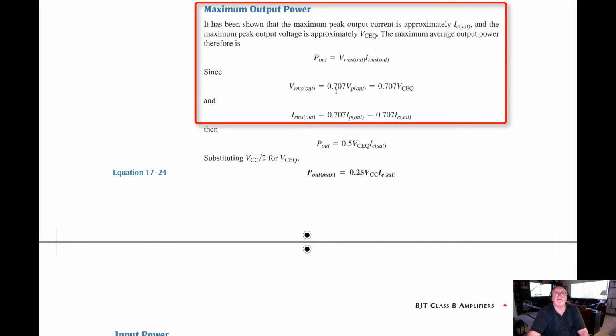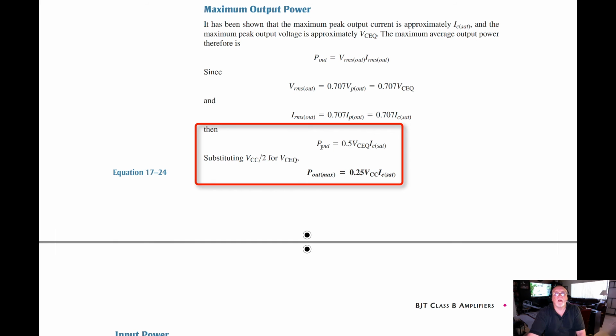Since VRMS out is equal to 0.707 times the peak, we get 0.707 times VCEQ. Likewise, IRMS out is equal to 0.707 times the peak current out, or 0.707 IC sat. Then the power out is equal to 1/2 of VCEQ times IC sat. Substituting half of VCC for VCEQ, the maximum power out is equal to 1/4 of VCC times IC sat.